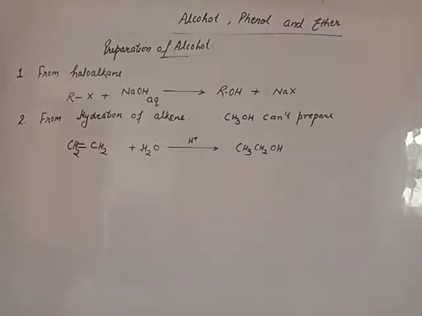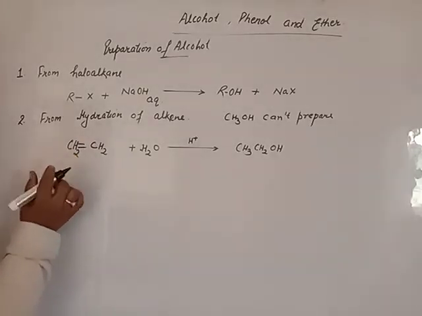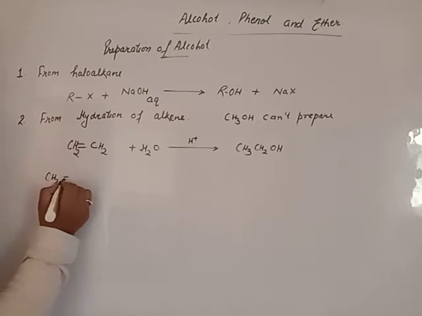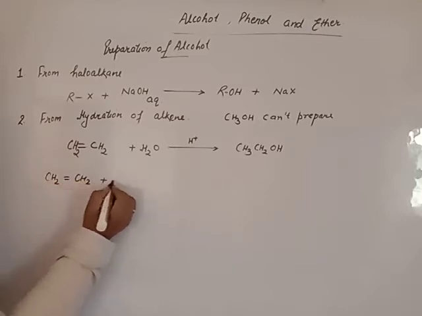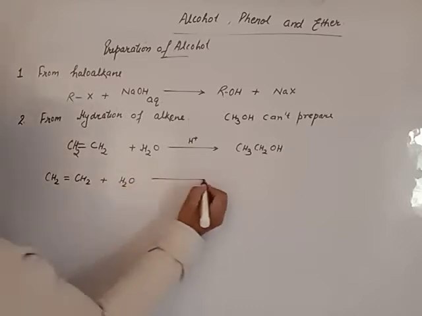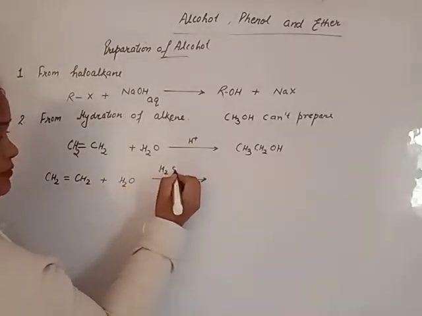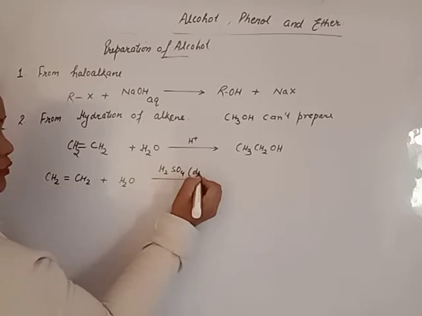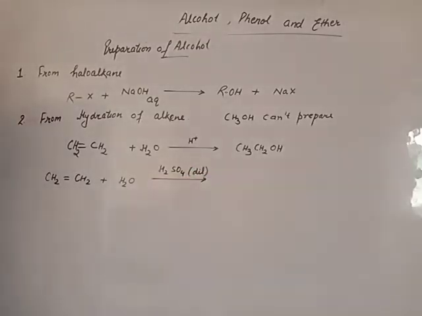Beta, this reaction will occur in the presence of sulfuric acid or any hydrating agent, but at different temperatures we will get different products. Suppose in the same reaction alkene is treated with water under sulfuric acid. Beta, dilute sulfuric acid, not concentrated. Concentrated sulfuric acid is used to remove water.